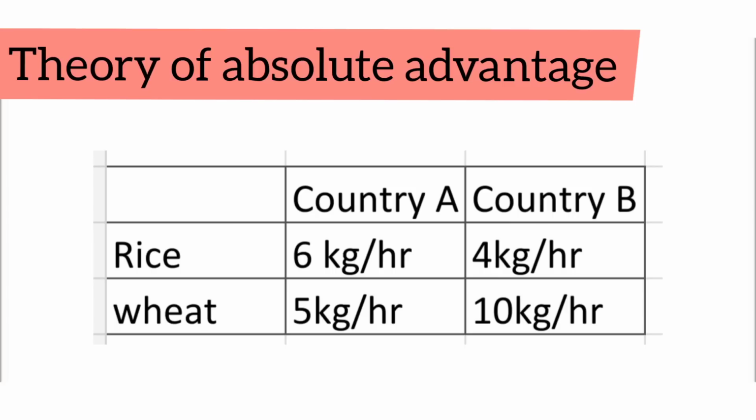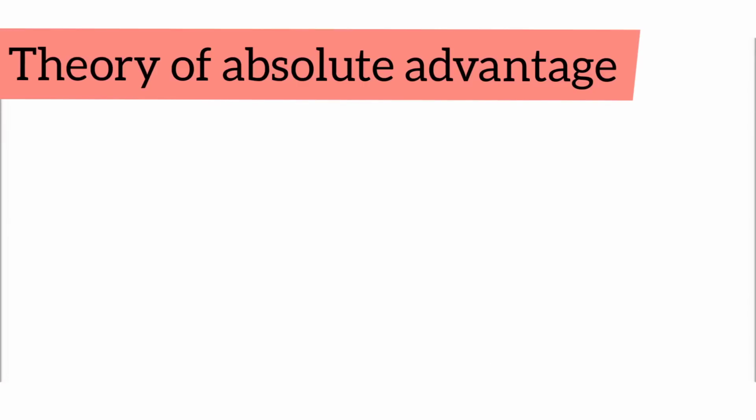Whichever nation has an absolute advantage in that good must export that product and import the other product. I hope this is clear. I have also discussed this in my economics practical sums video. If you have done those sums, you would understand this theory better.